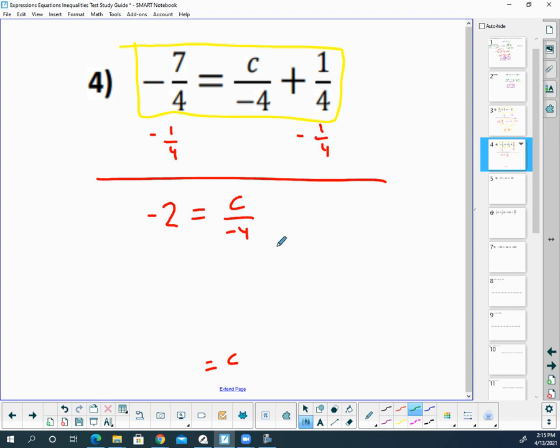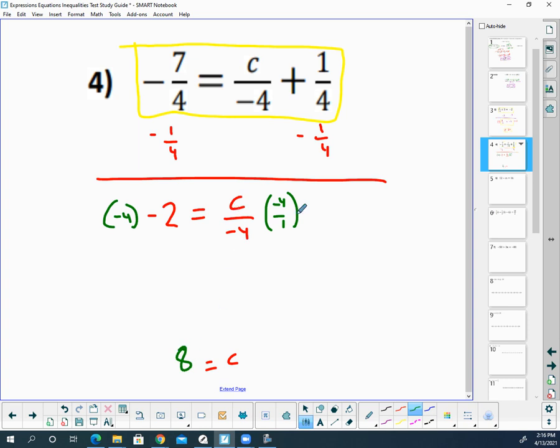Well, I'm going to multiply this by the reciprocal of 1 over -4, which is -4 over 1. If I multiply one side by -4 over 1, I need to multiply the other side by -4. So -4 times -2 is equal to 8.